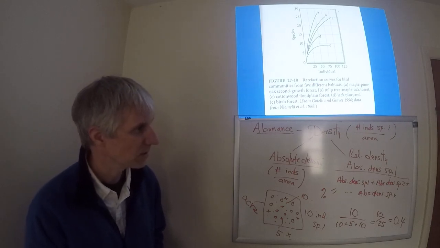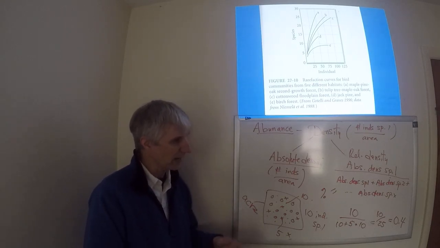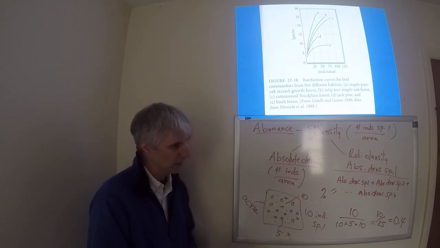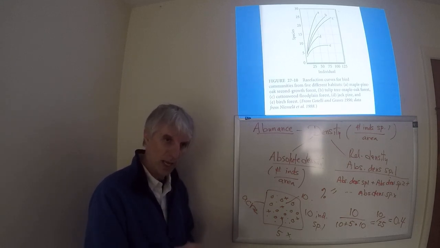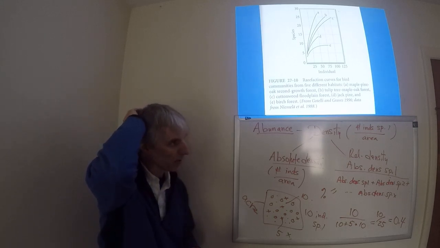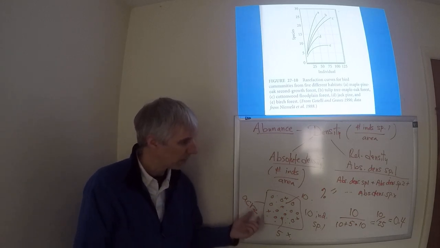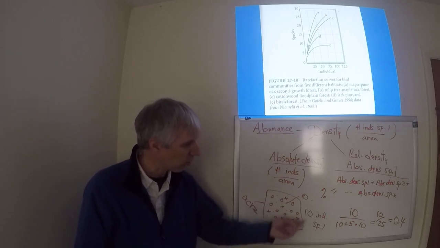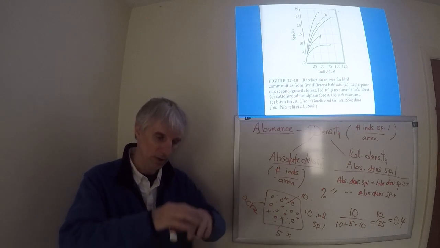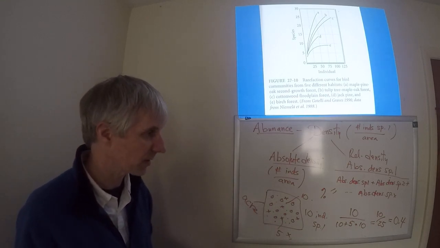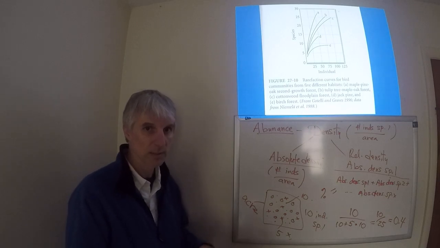So the absolute density is 10 per acre. The relative density is 40%. That is, the number of individuals of species 1 represents 40% of the overall number of individuals, everybody included within the community. Okay?